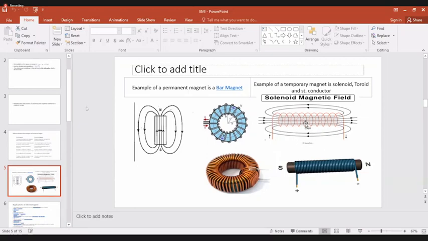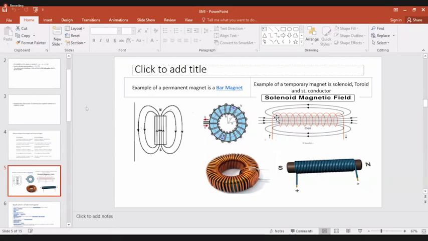Air is the material now. The coil is hanged in the air. Now air is the material over here for the magnetic substance. So this coil is called an air core coil, and this coil is called an iron core coil, because here there is no iron material; the coil is just hanged in the air.